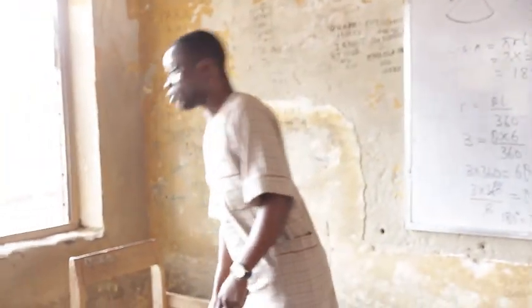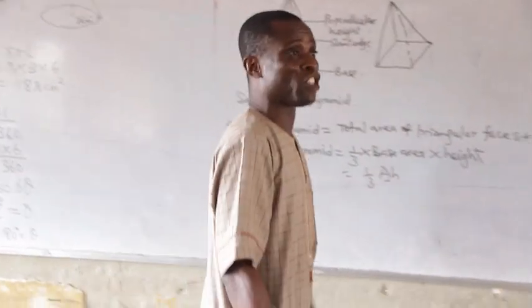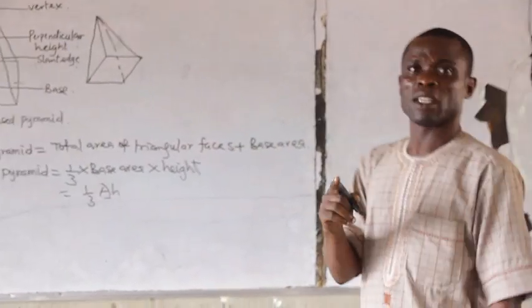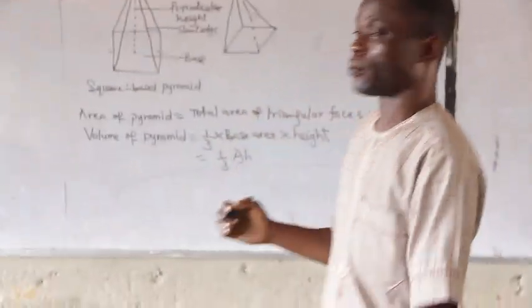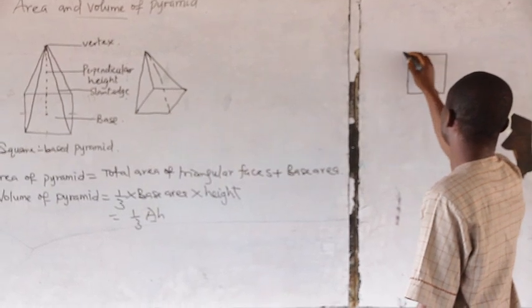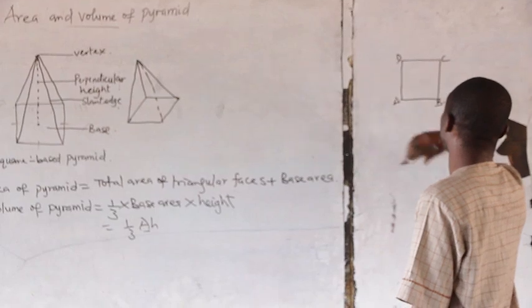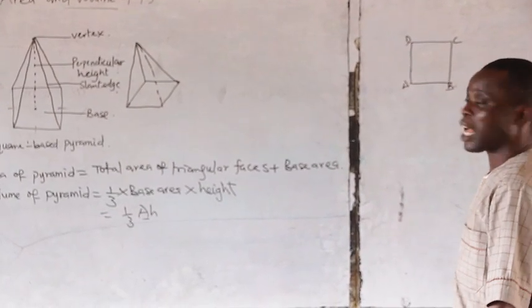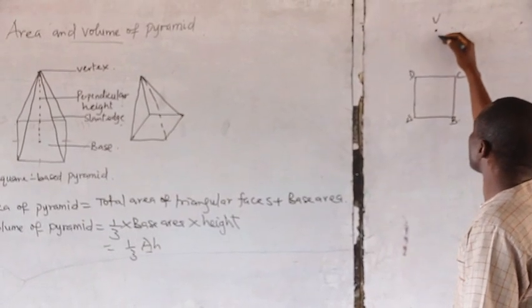Before you can solve this, you must start by drawing the diagram of that shape. According to the question, please, let someone read the question for me again. The base you can have as ABCD, it depends on how you want to interpret the diagram, as a vertex V. Each of the lateral faces is an equilateral triangle.